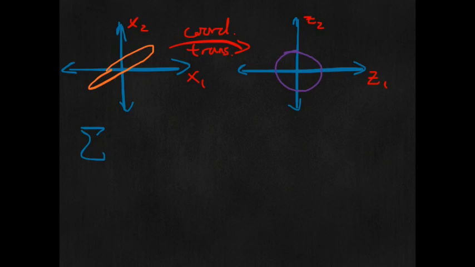But one useful property of all positive definite matrices is that they can be written as the product of a lower triangular matrix and its transpose, which is then going to be upper triangular. This decomposition is known as a Cholesky decomposition.